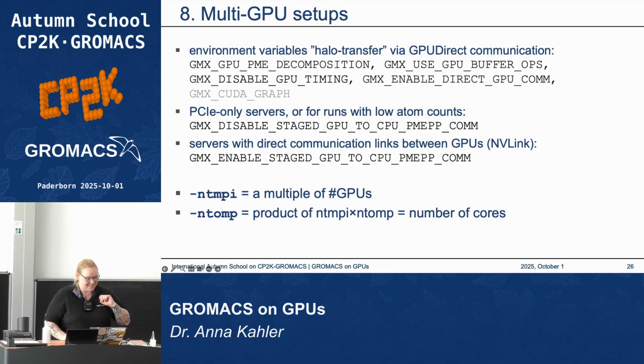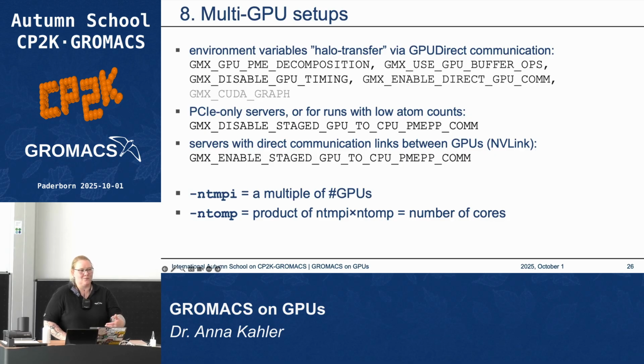And the -ntomp should always be set so that the product of -ntmpi and -ntomp equals the number of cores, because otherwise it oversubscribes the CPU again, and then performance decreases.